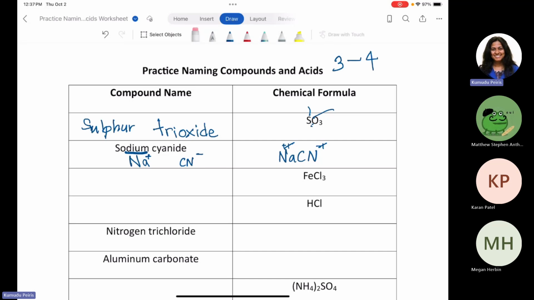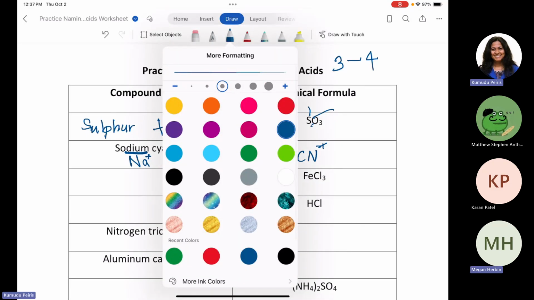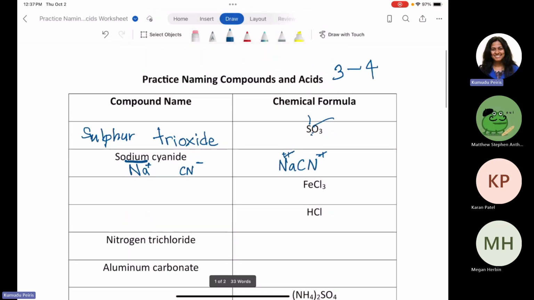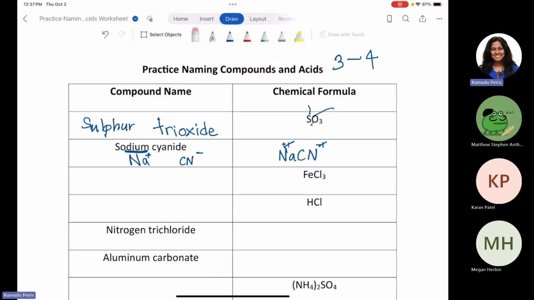Here is a good example. Now we have iron chloride. Iron is a transition metal ion.